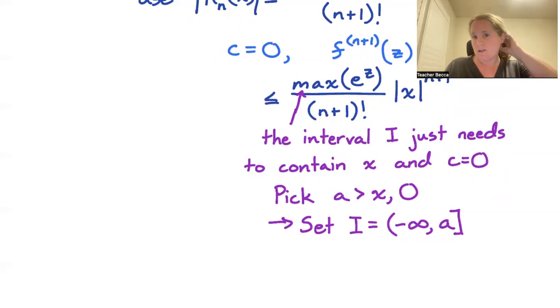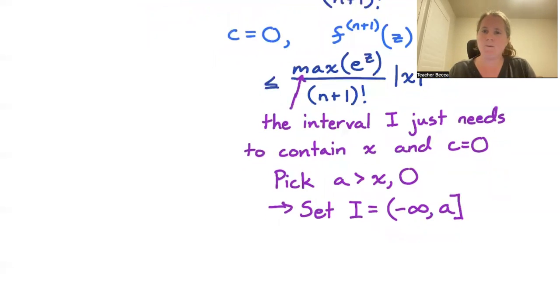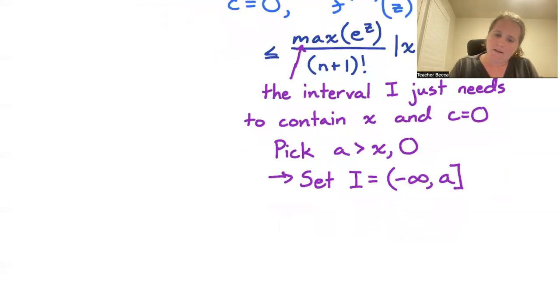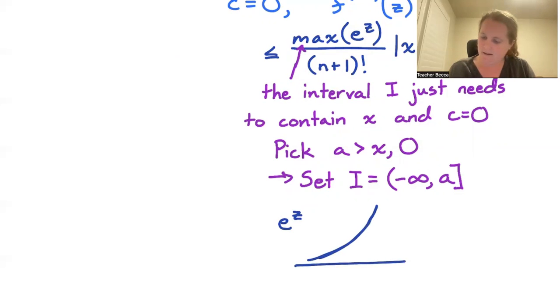So essentially, we're just going to pick something just past x, and it'll be some a, right? So e to the z looks like this, right? So its maximum, if we're looking just up to a, will occur at a.